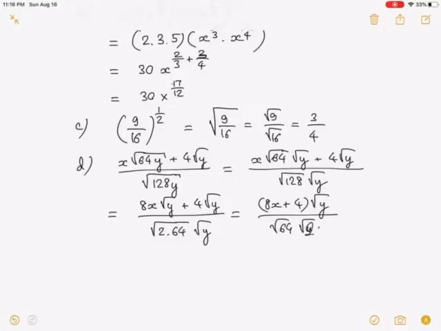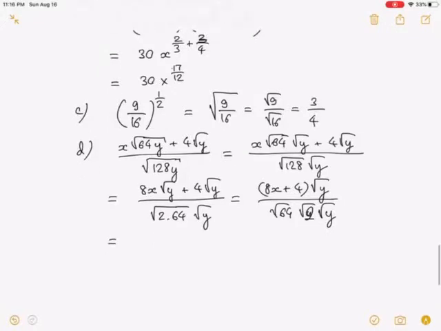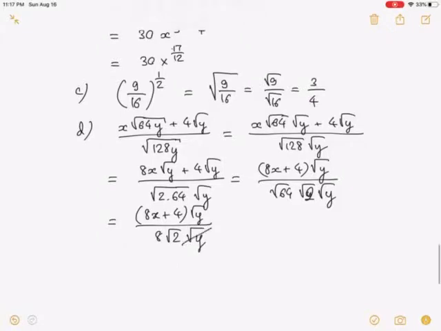And here this is square root of 64 square root of 2 square root of y. So 8x plus 4 square root of y over 8 square root of 2 square root of y. Now we can cancel the square root of y.